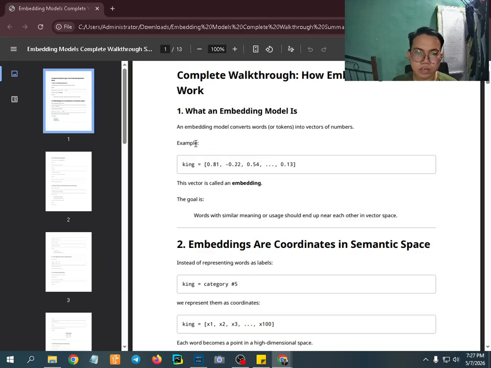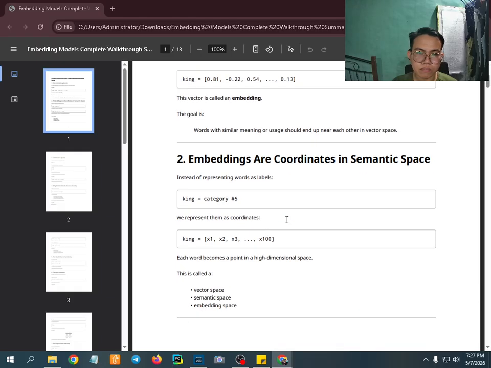They would have similar values in their vectors, and these are the dimensions or features.